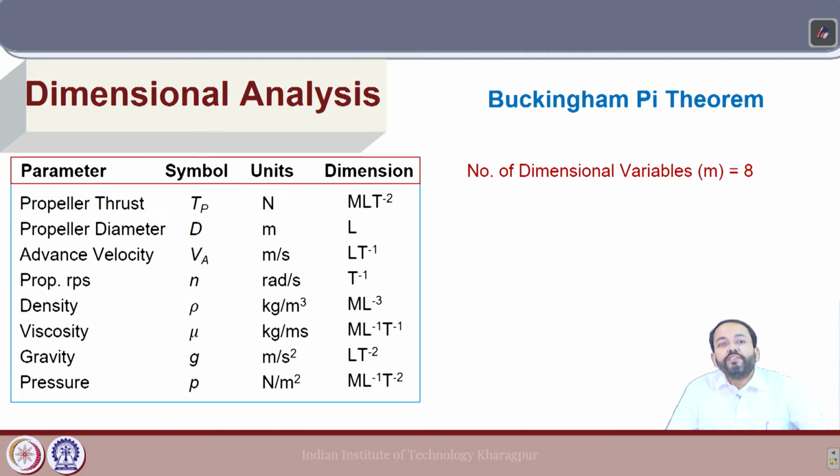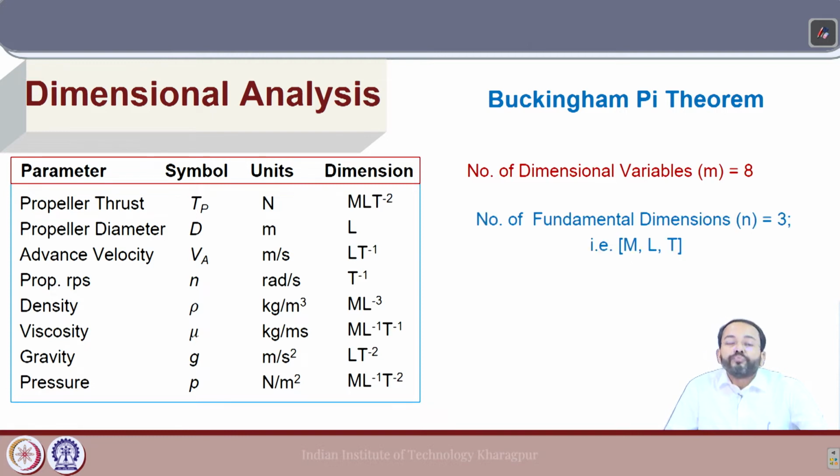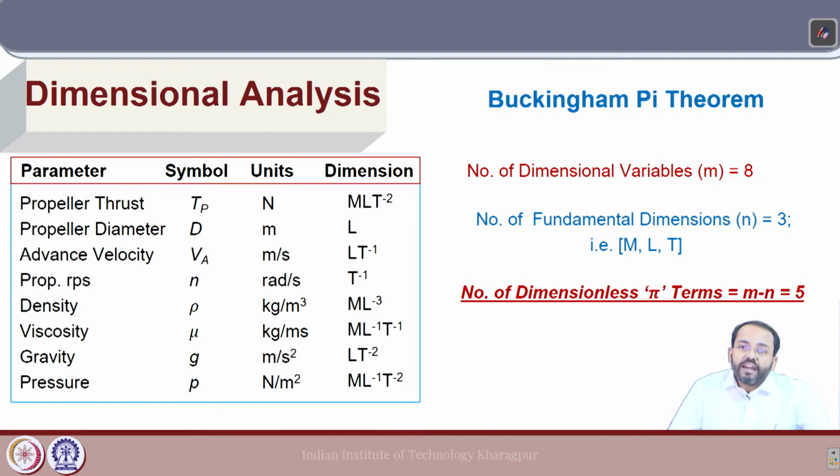We have all these variables which we want to link together to give the coefficients, and number of fundamental dimensions are n equal to 3, mass, length, time. So, we will have dimensionless terms, number of pi terms is m minus n is 5.